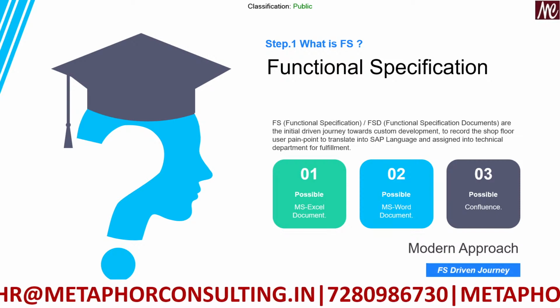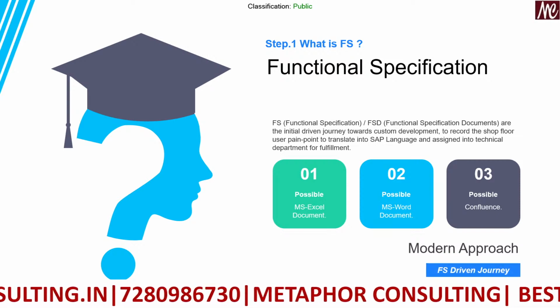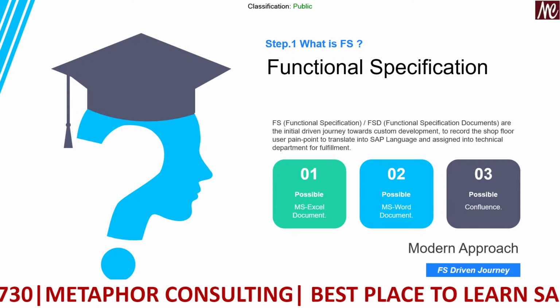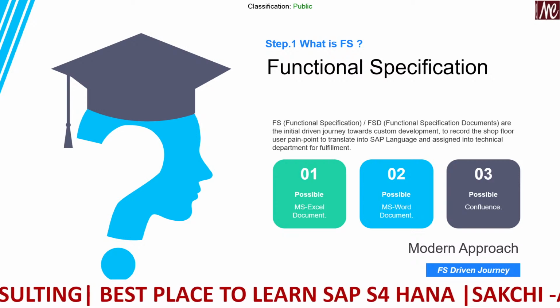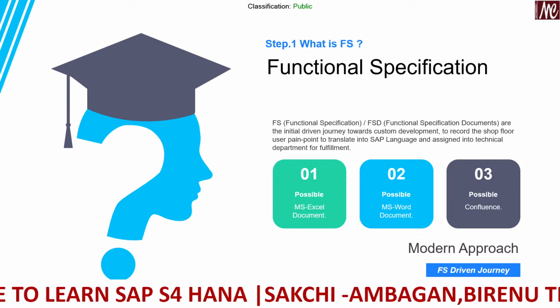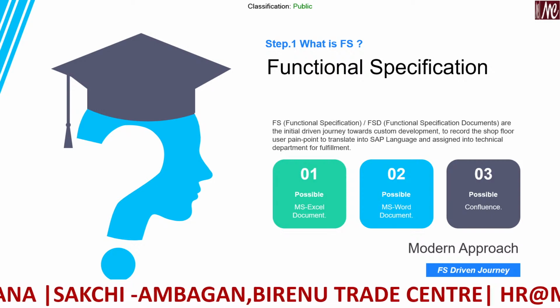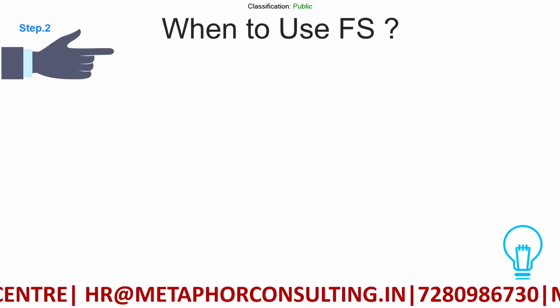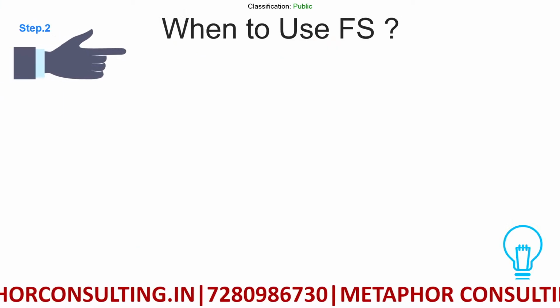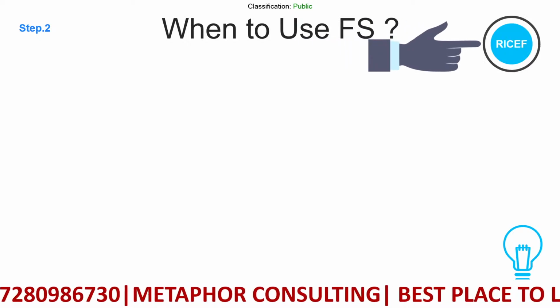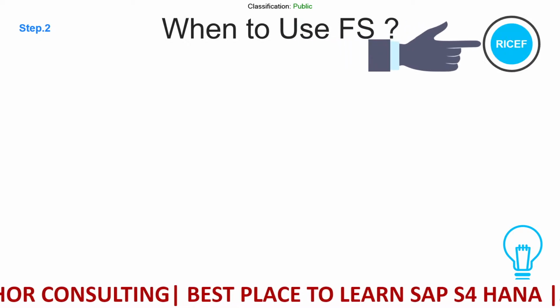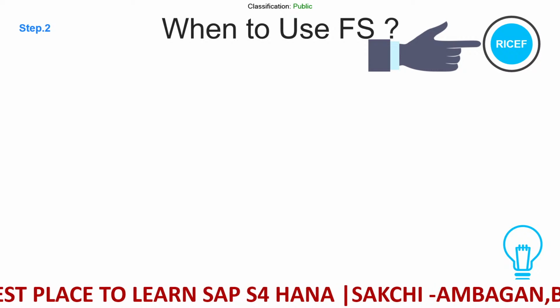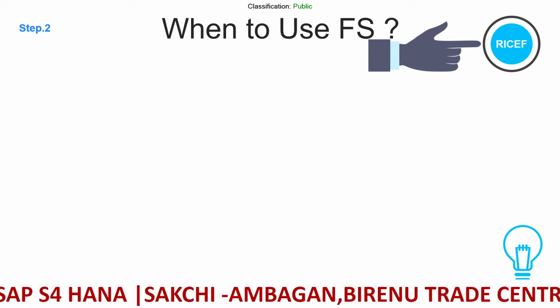So next we will learn about the FS journey. Definitely we will cover some part of Confluence. We are also going to show you the document and the methodology. Moving ahead, understand what and when FS is going to be used.